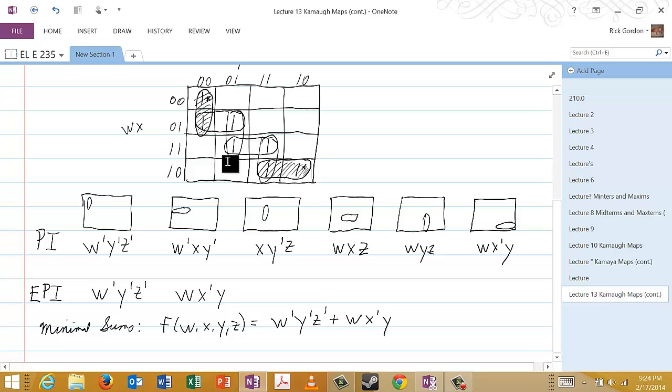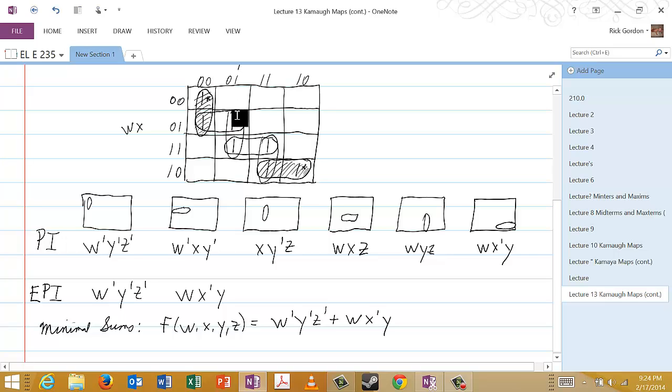One way would be to use this prime implicant and this one. That would be 2 prime implicants, and since each one of these prime implicants in this problem has 3 literals, if we use 2 additional prime implicants, that will be 6 more literals.